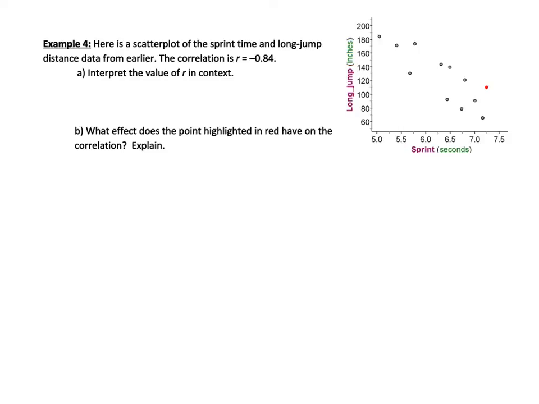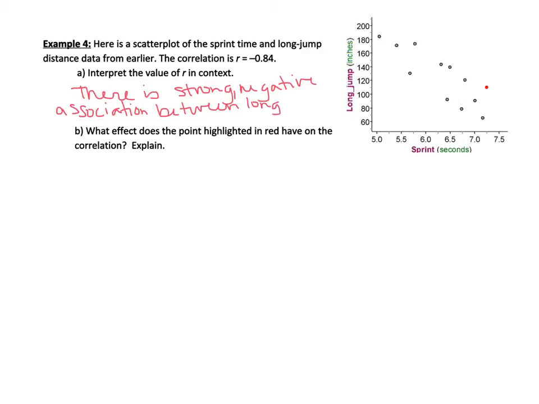We're going to kind of repeat what we said in the previous example with this problem, and that was that there is a strong negative association, or you can say relationship also, between long jump distance and sprint time. So that's all you need to put for that.